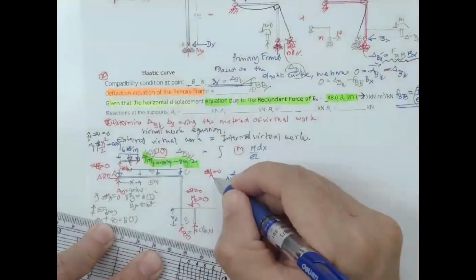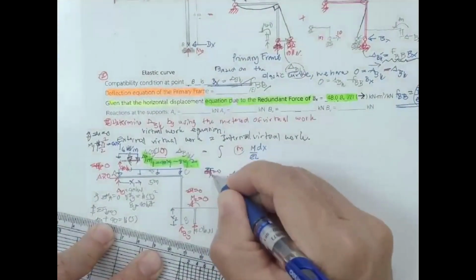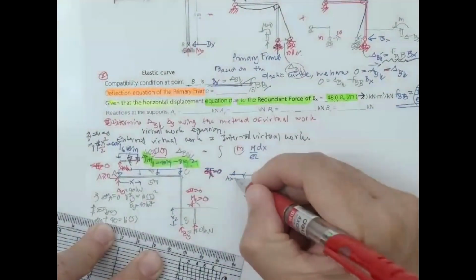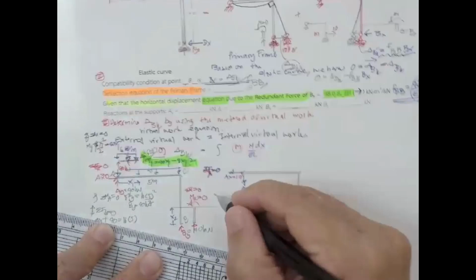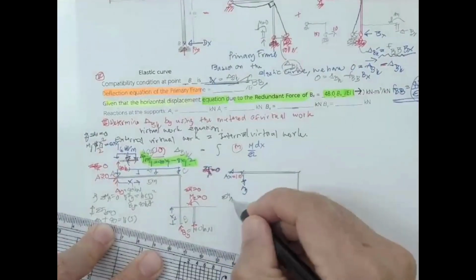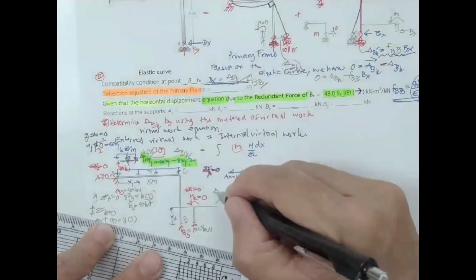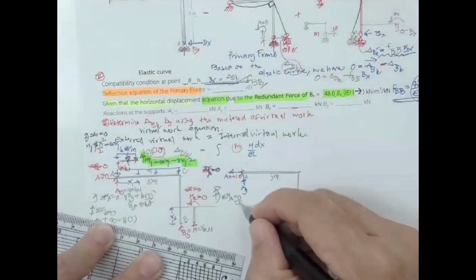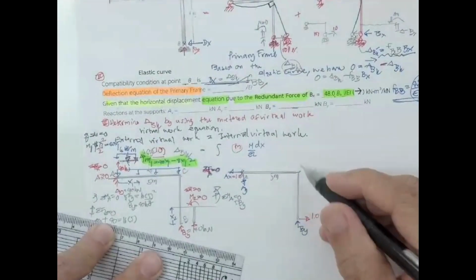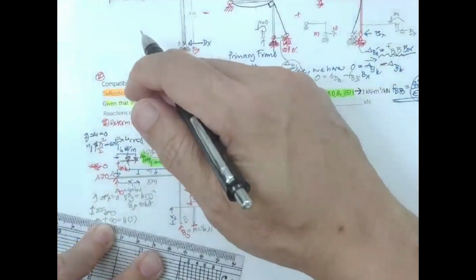And let me put the summation of F sub X equal to 0. A sub X is going to be 1.0. Okay. And then if you take the summation moment at A to be 0, B sub Y is going to rotate in this direction. And this is 5 meter, so 5 times B sub Y rotating in this direction.